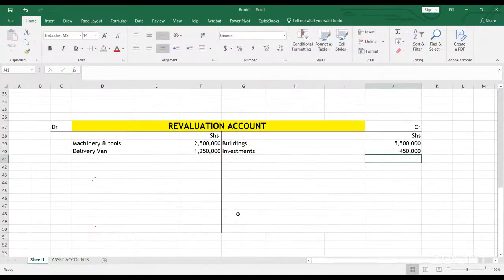What else was revalued? Inventory. Inventory was also revalued.